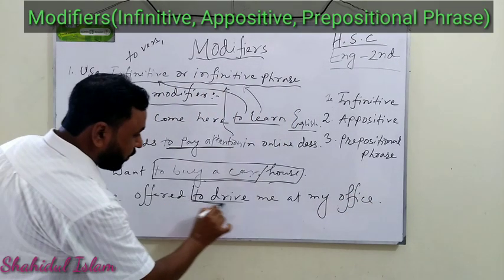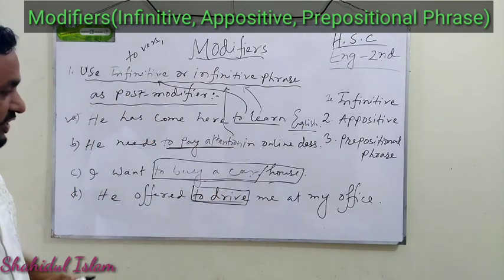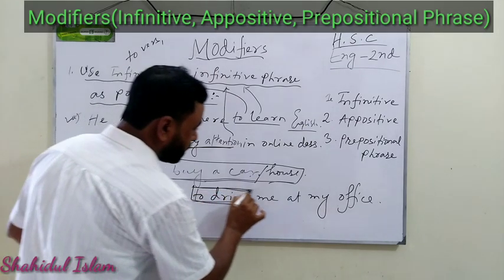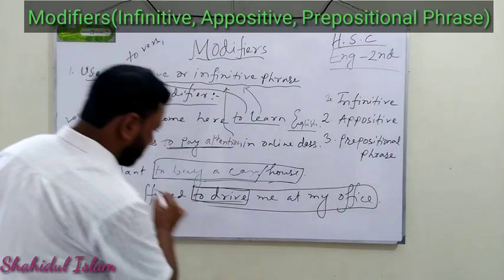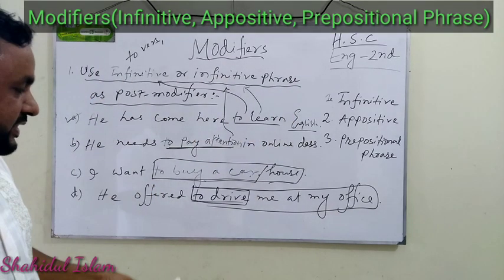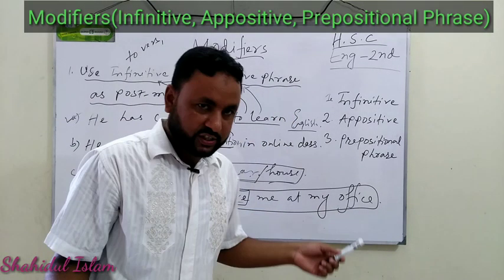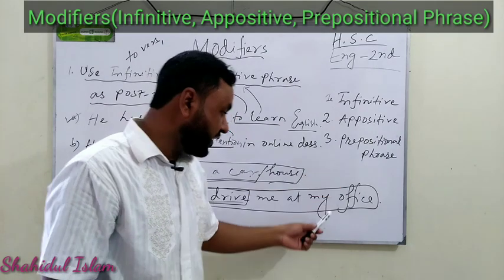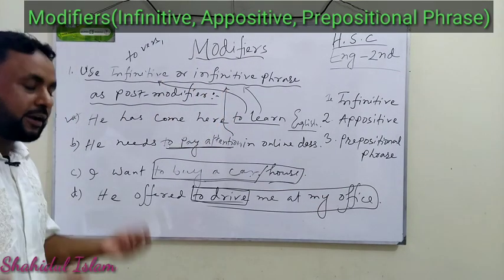If you use only "to drive," it will be an infinitive, and if you use "to drive me to my office," it will be an infinitive phrase. Also it is a prepositional phrase. When we discuss prepositional phrases, it will be clear to you.